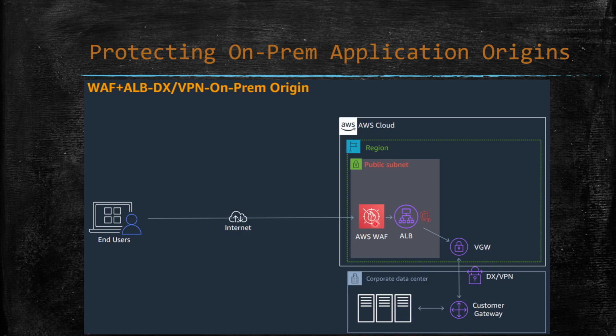All your filtration will be sitting here. Any internet user who connects to your published domain name has to go through the AWS WAF, all the filtration, the ALB, and then the site-to-site VPN connects to your backend applications and serves your requests. So this is more of a VPN connectivity between cloud and on-prem, serving requests through AWS WAF and ALB.